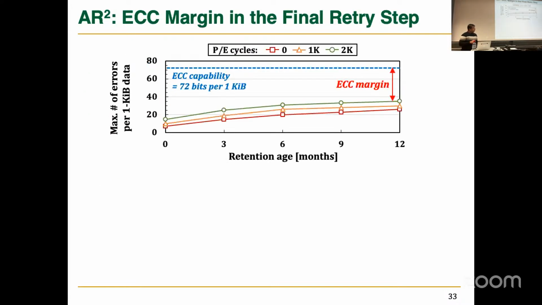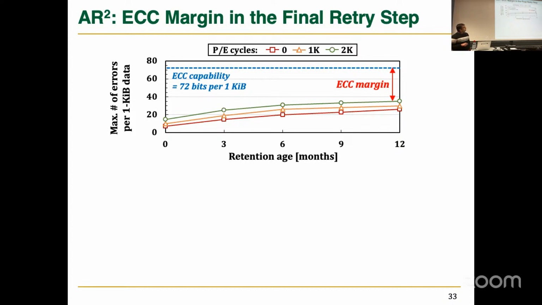When we look at the ECC margin in the final retry step, here we show the number of errors per 1 kilobyte of data, and on the x-axis we show the retention time in months. Let's take the worst case of P/E cycles, 2K.